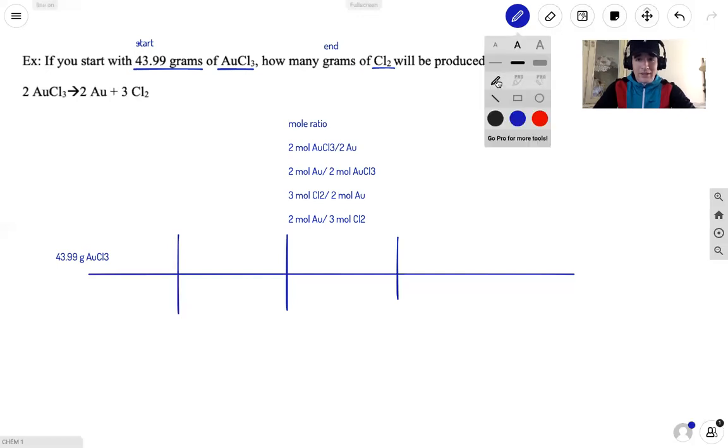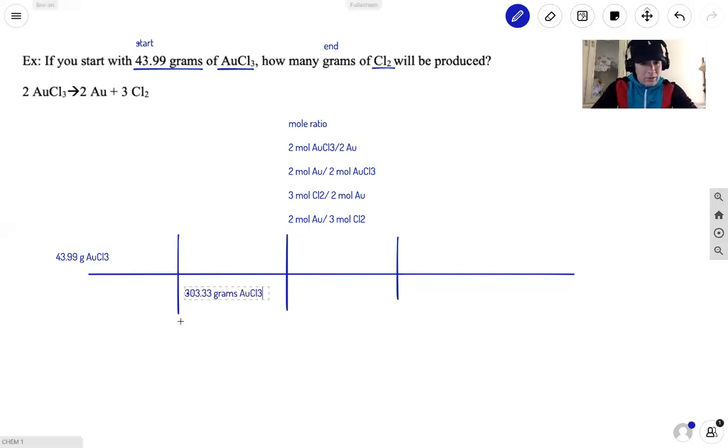I did that already and will show you how I got that later. You're just finding the molar mass, essentially. So 303.33 grams of gold trichloride is found in 1 mole of gold trichloride.